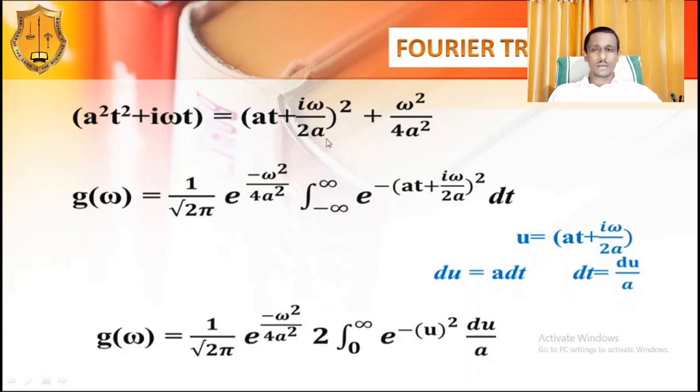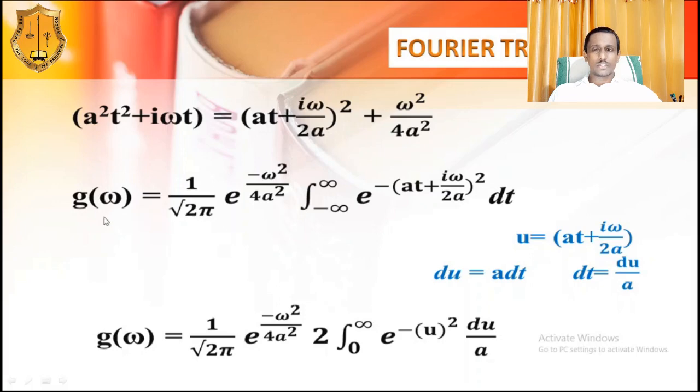The 2a cancel each other, leaving iωt, which is there, and the square of the term iω by 2a, that is minus ω squared by 4a squared, which is not here. So this term has a negative sign, and we have to add ω squared by 4a squared to compensate for this subtraction.